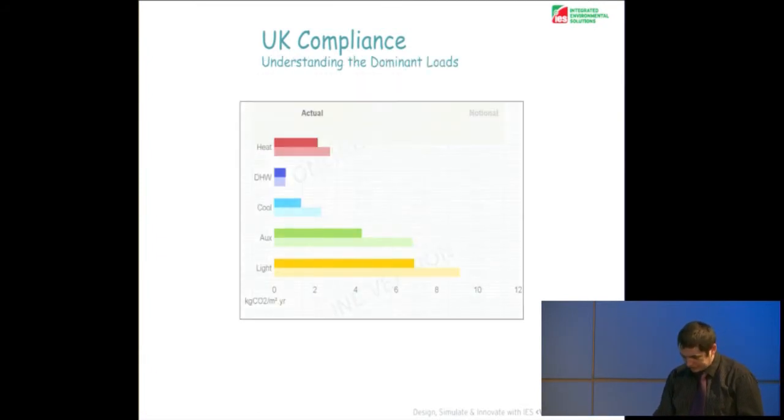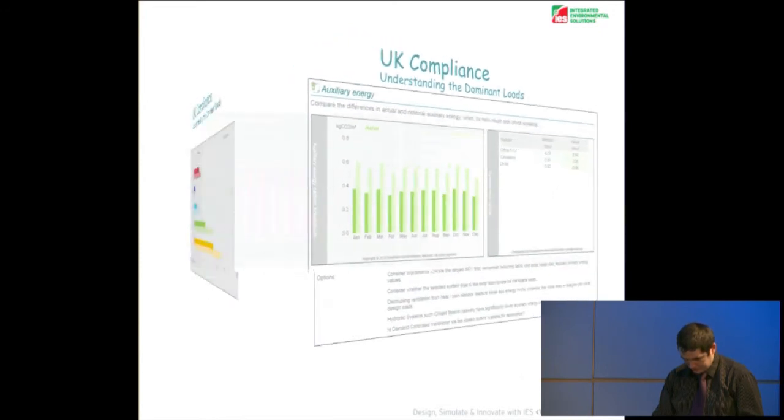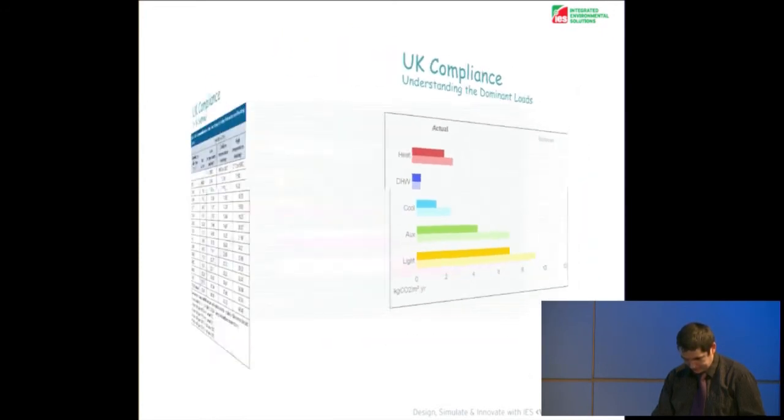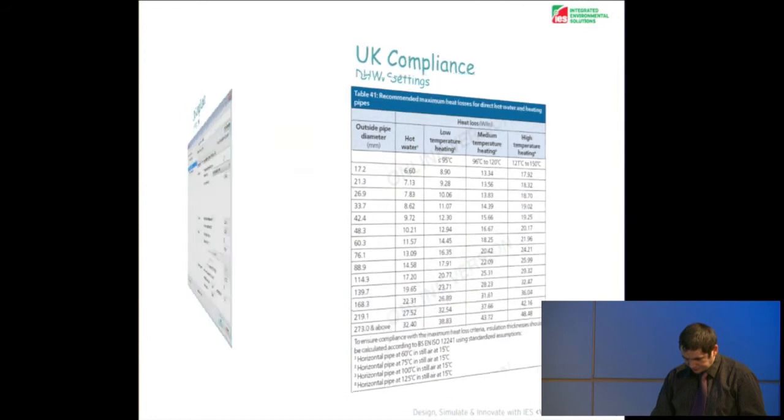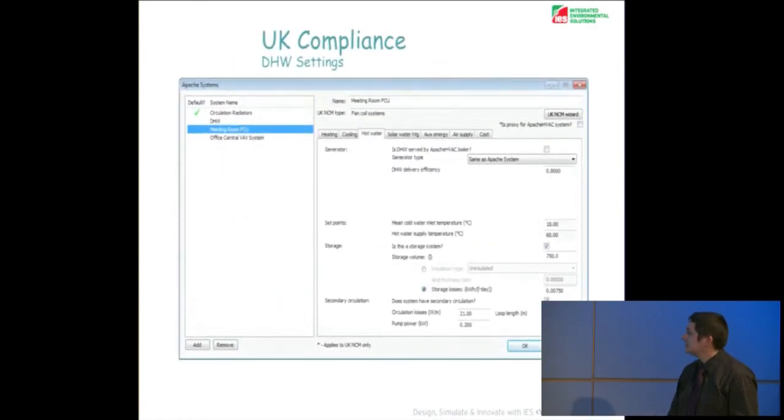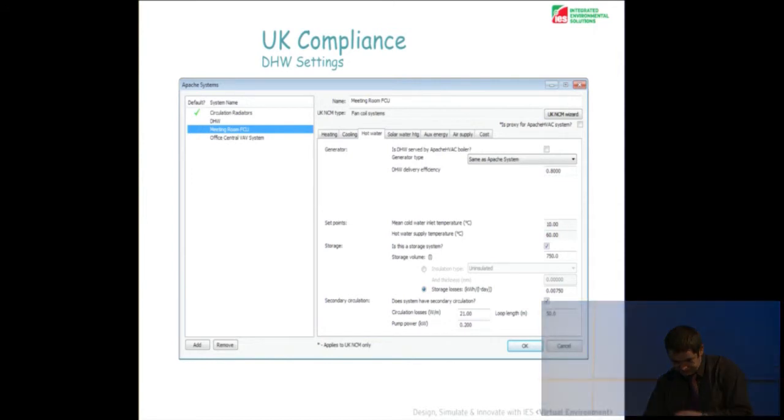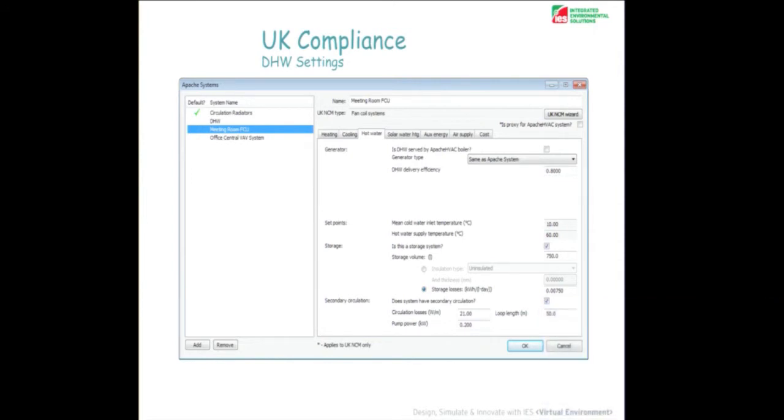One other thing that I see quite often, if I jump back, getting ahead of myself, is users with multiple systems, much like I've got here. In fact, I've set this up deliberately to illustrate that. So I've got one Apache system set up to handle my domestic hot water loads, a second one set up for my meeting room fan coil units, and a third one set up for my offices.